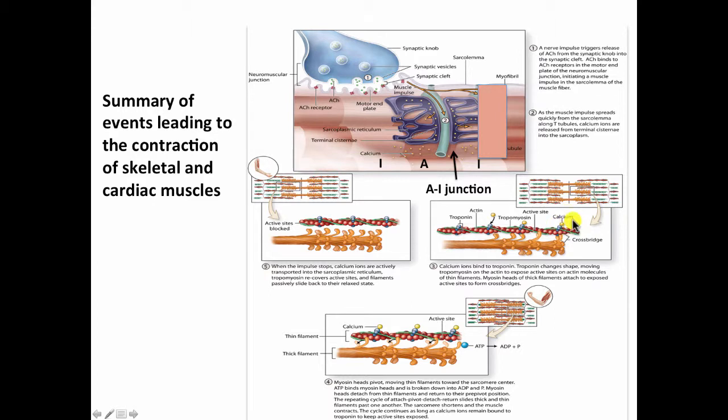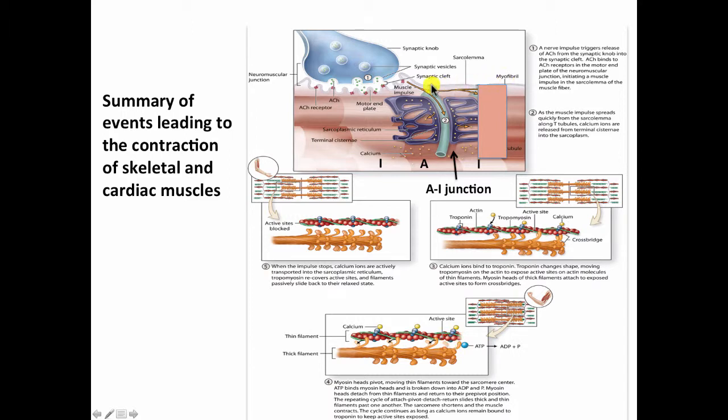This calcium binds to a molecule called troponin, which, in the calcium-free condition, is covering the binding site of myosin to actin. I should have mentioned earlier that when ADP and inorganic phosphate are bound to myosin, that myosin head is not bound to actin.